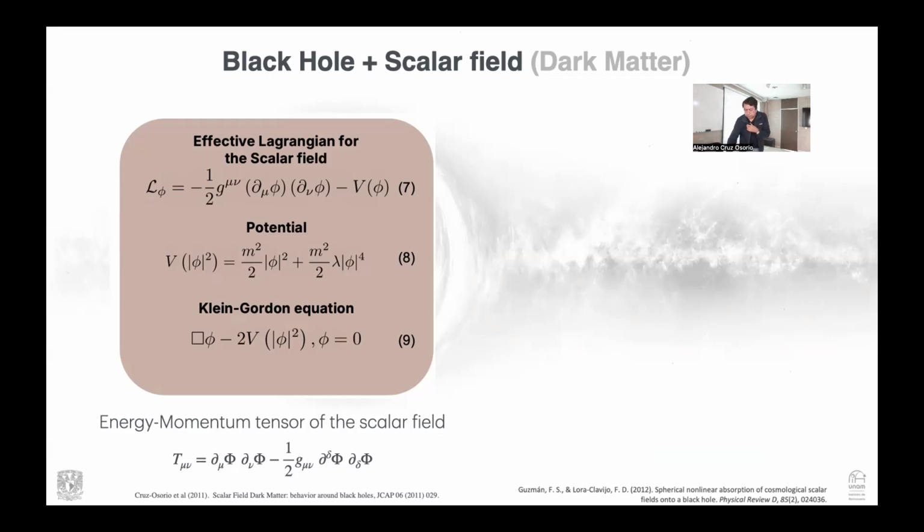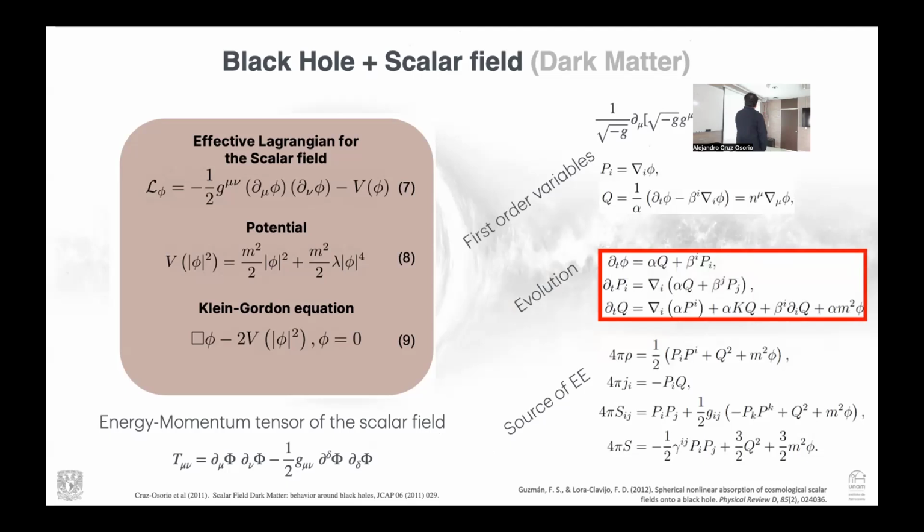So after doing explicitly this calculation, we have this, the d'Alembertian, and then we have the metric terms that are coupled to the space-time. Then this is a second order equation.